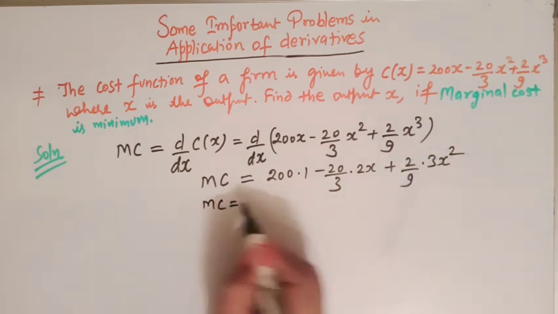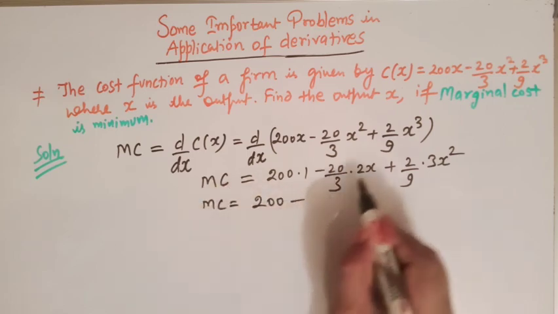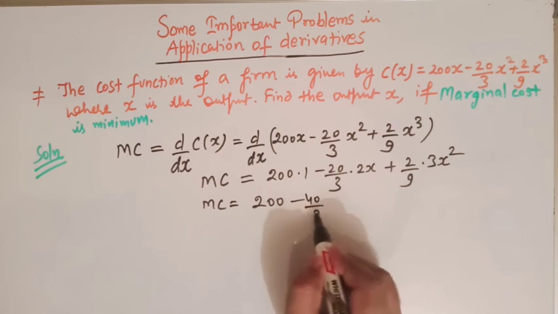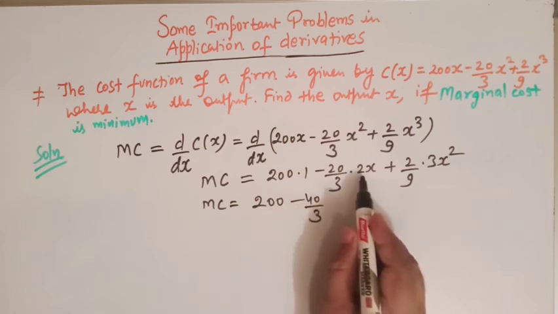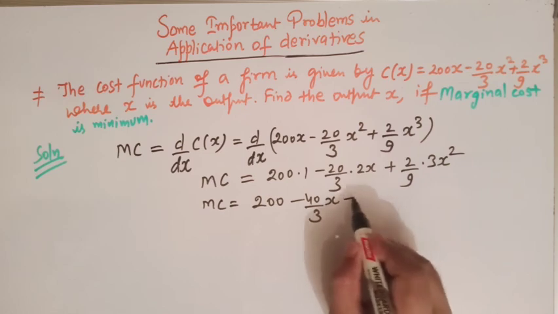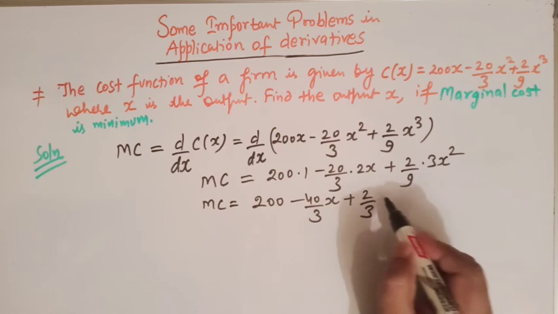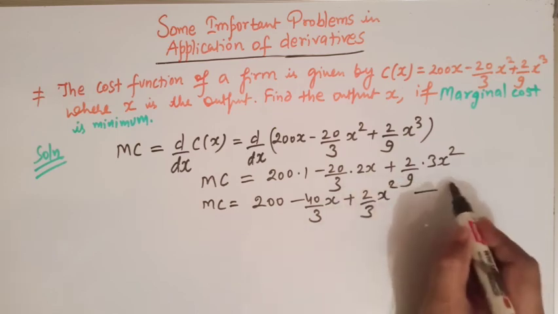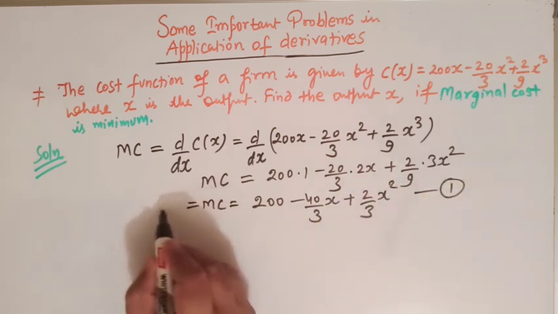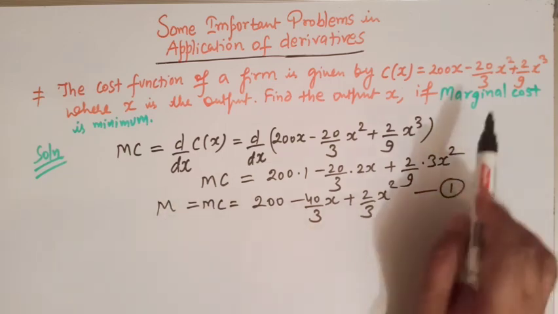So MC, that is marginal cost, is 200 minus 40 over 3 x plus, that is 3 3s are, so we have 2 by 3 x square, right? So this is the marginal cost, and let us denote it by m.